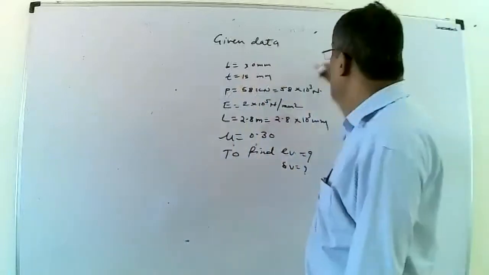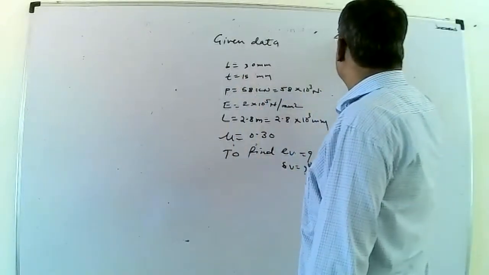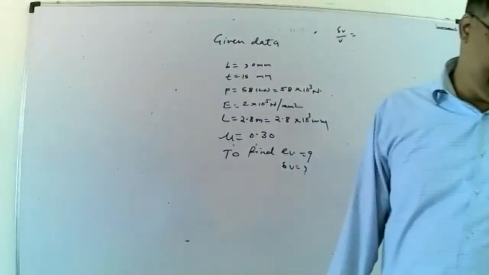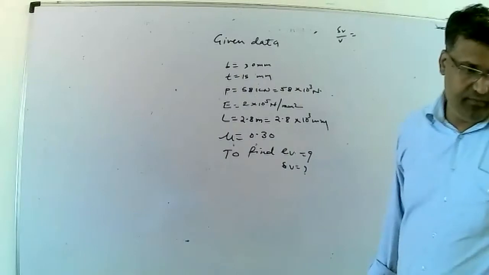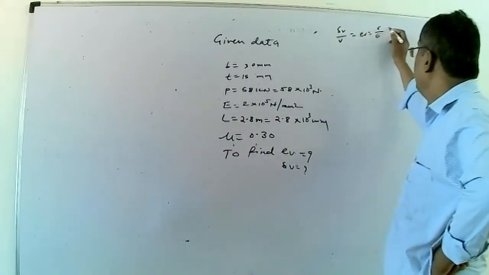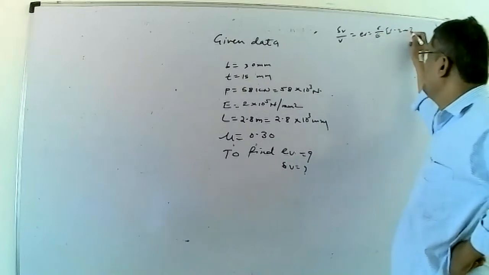Then the basic formula for volumetric strain, delta V upon V, that is equal to EV, sigma upon E into 1 minus 2 mu.